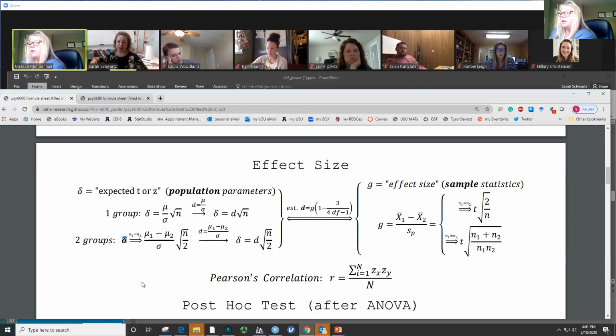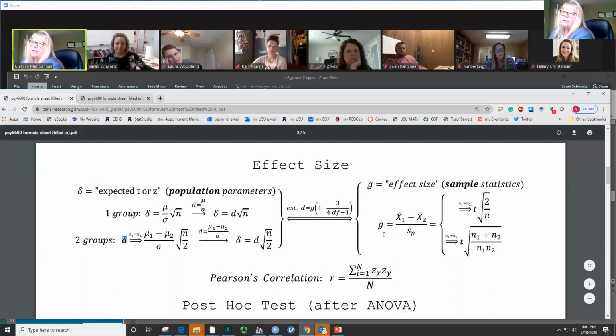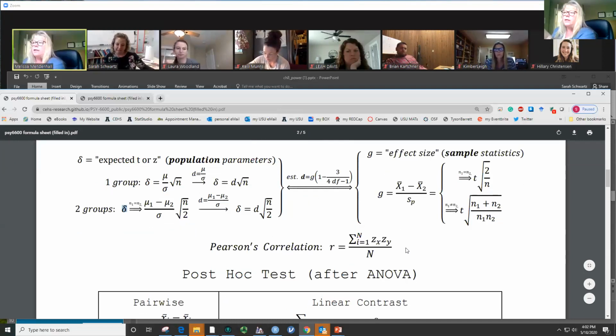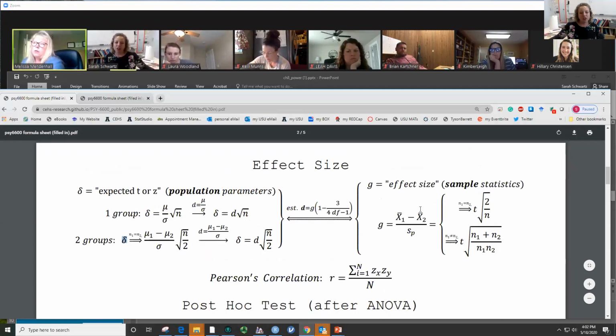So Sarah, the g, if we don't know the pooled standard deviation, we would just use one of the other two formulas and that would give us the whole right side of the g formula. So you do the g formula, you need to know the two sample averages.